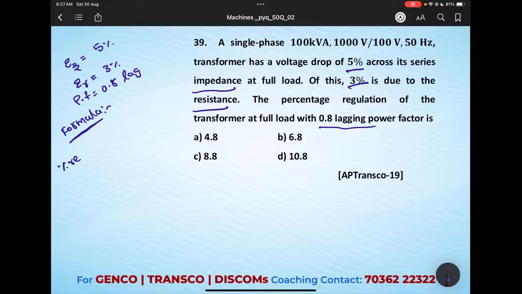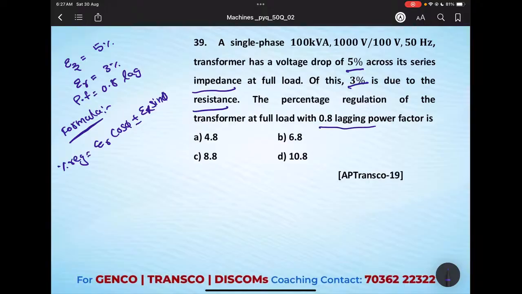Percentage regulation equals ER cos phi plus or minus EX sin phi. Here you can substitute percentage R. Sometimes they will give percentage R, which is nothing but the voltage drop due to the resistive parameter.